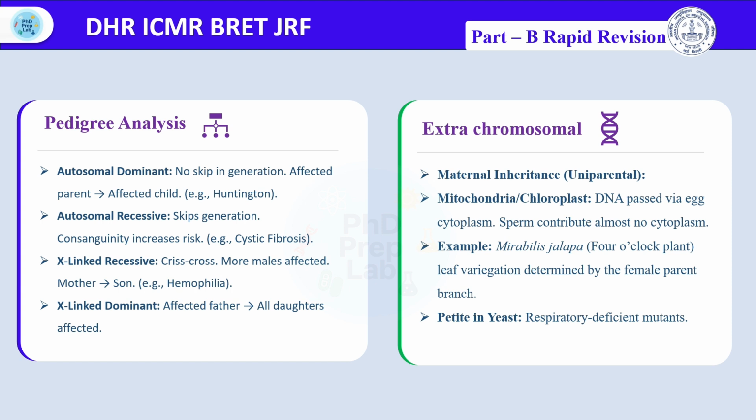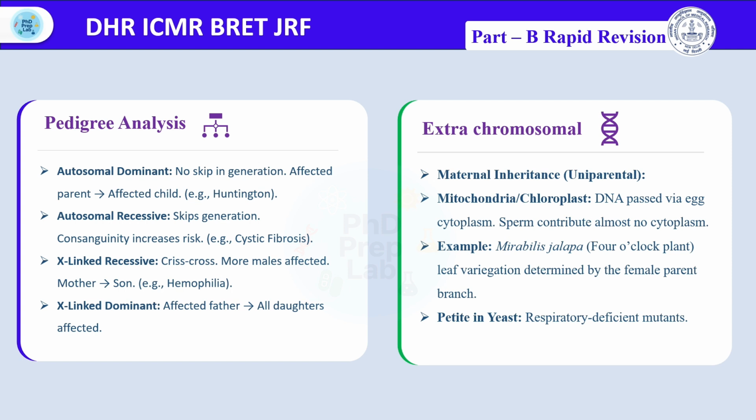Now you have extra chromosomal inheritance, which is the maternal inheritance. It is uniparental from mother to the offspring. This is seen in mitochondrial and chloroplast DNA. These DNA are passed via the egg cytoplasm, and the sperm contributes no cytoplasm. So father has no contribution in the extra chromosomal transfer here.